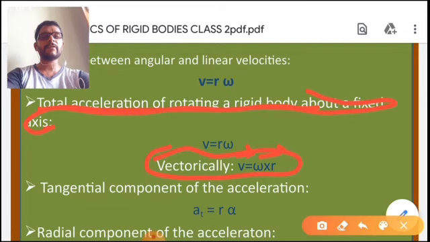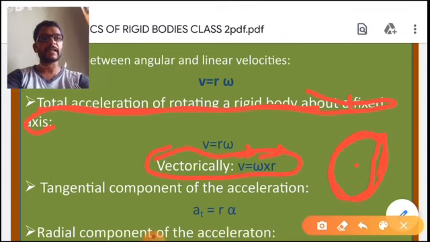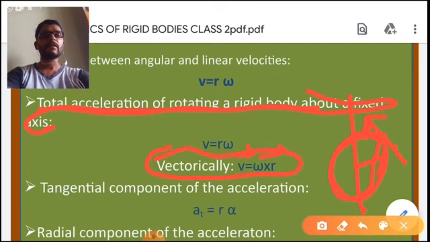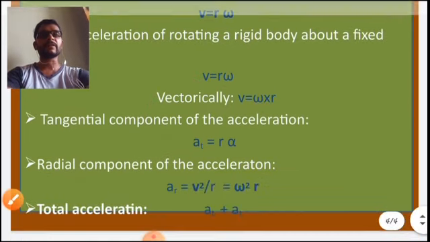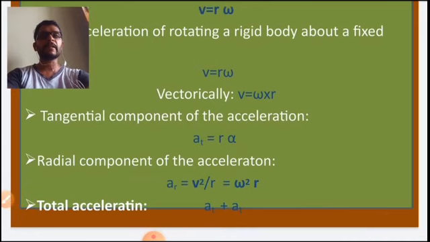When the body is rotating about a fixed axis, it has tangential acceleration. We know very well, when we take this picture, when the body is rotating about a fixed axis, it has tangential acceleration as well. It can be represented by at equal to r alpha, where r is the radius covered by the object and alpha is the angular acceleration. Similarly, it also possesses radial acceleration, represented by ar is equal to v square by r.